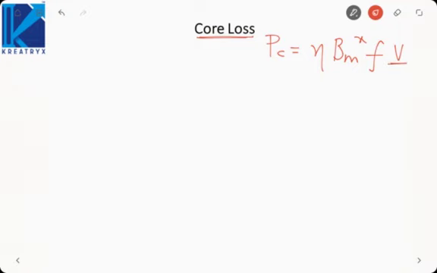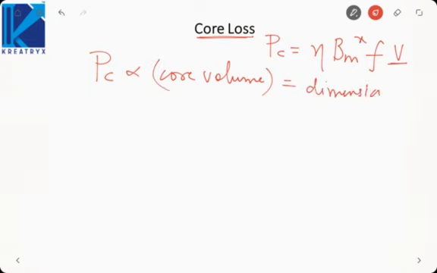Okay, and mainly in core losses, hysteresis loss dominates over eddy current loss. So what I can say is core loss is proportional to core volume, or we can say dimension cube. Okay, core loss is proportional to the dimension cube.